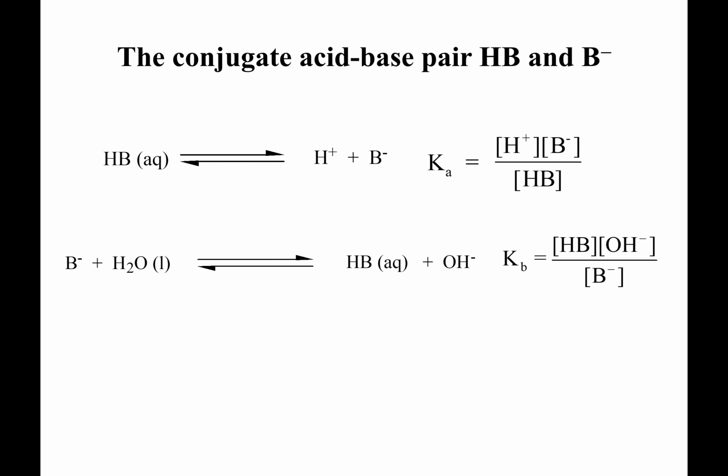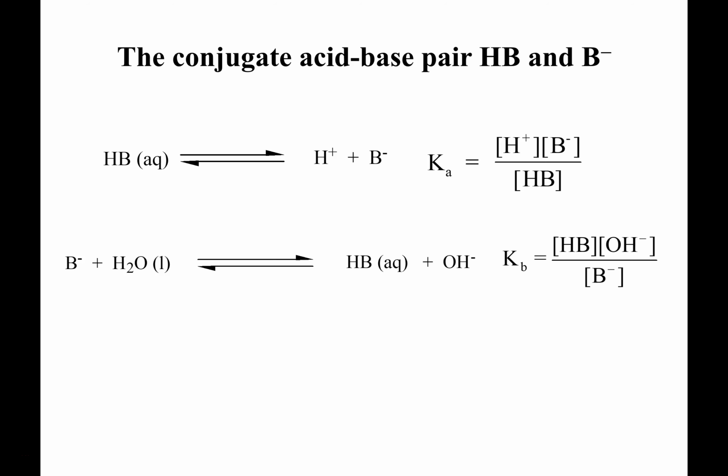The first is the Ka because for equilibrium constant expressions, we go from left to right, even though they're going back and forth. From left to right, we have it acting as a weak acid because it's donating a proton. And then down here, from left to right, we have it acting as a weak base.